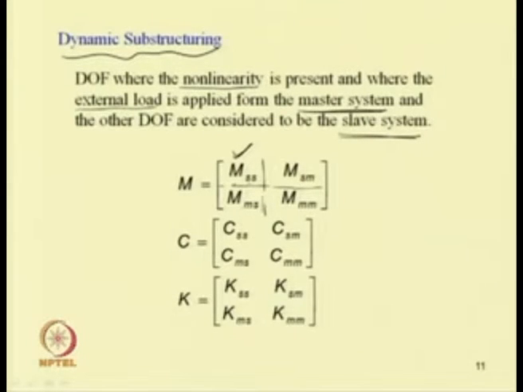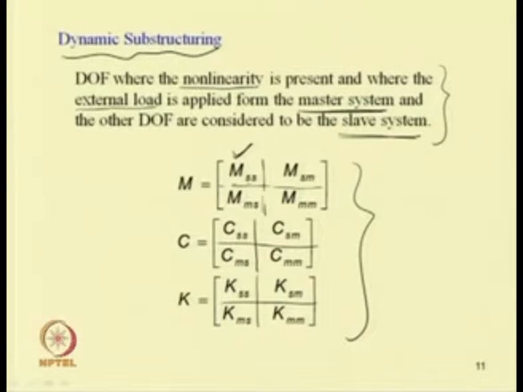Similarly, the damping and stiffness matrices can also be partitioned into slave and master parts. While partitioning, we should note that the nonlinearity and external loads are in the master degrees of freedom and all other degrees of freedom are in the slave degrees of freedom.